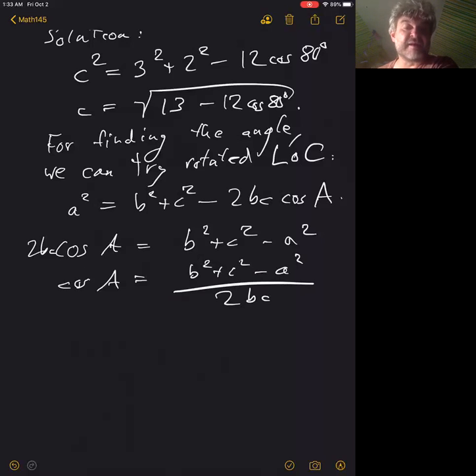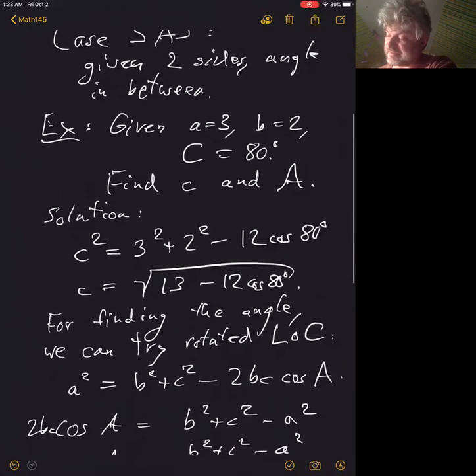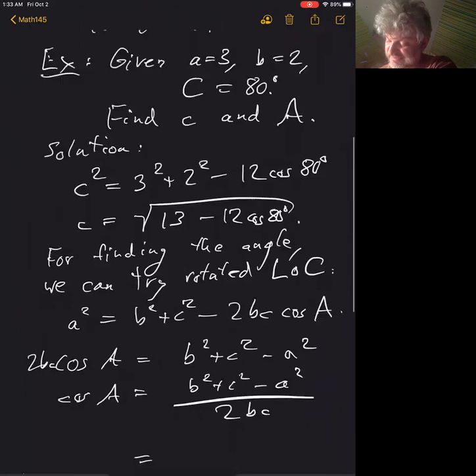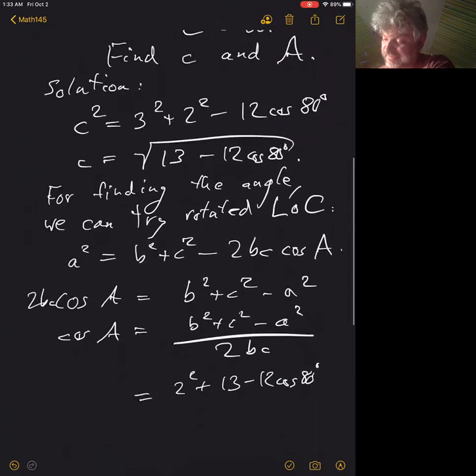And then we can plug in our numbers. b squared plus c squared, that's 2 squared plus c squared. c squared is 13 minus 12 cosine of 80 degrees, minus a squared, that's 9.